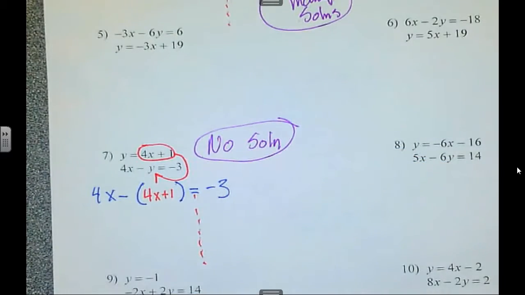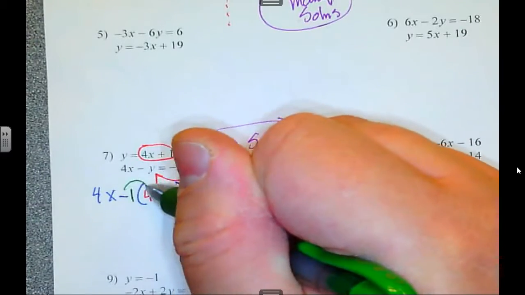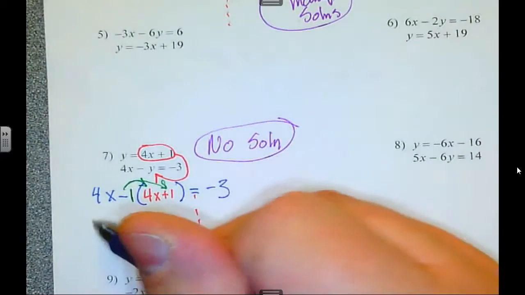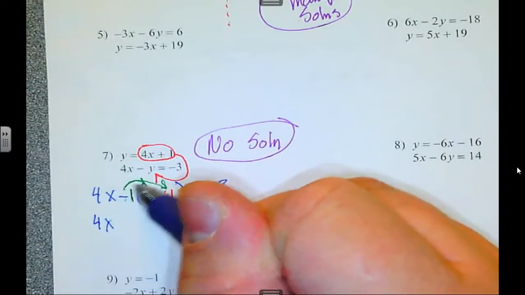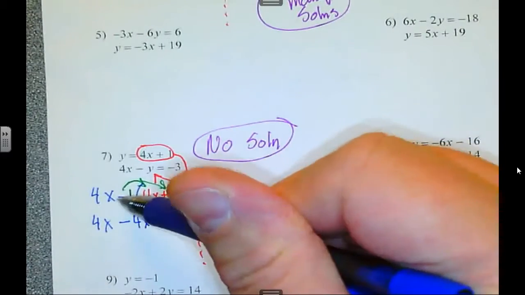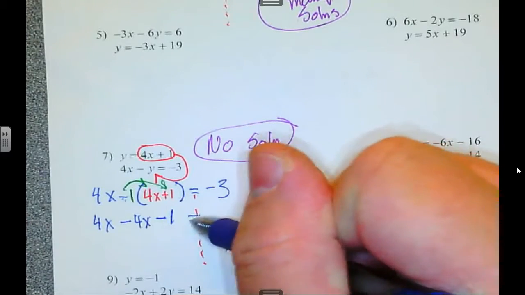This one I have to distribute the minus sign. Remember, there's a minus 1 there. So I get 4x. Negative 1 times 4x is minus 4x. Negative 1 times positive 1 is minus 1, equals negative 3.